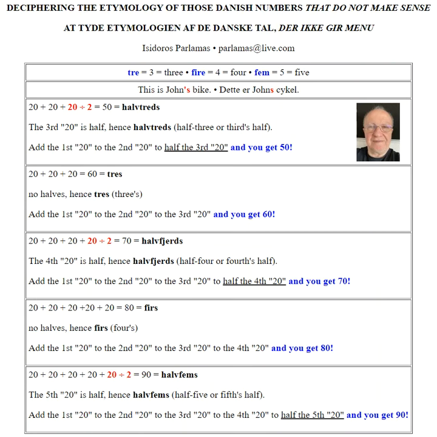Now, this can be useful for those who study Danish, but also for a lot of Danish native speakers who wonder why 50 is called haltres, why 60 is called tres, why 70 is called halfjers, why 80 is called fierce, and why 90 is called halfems.